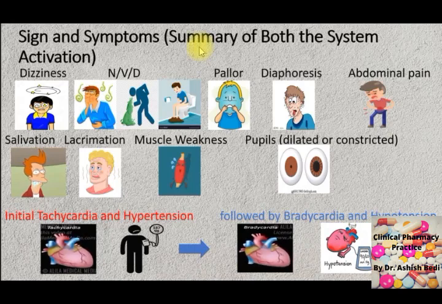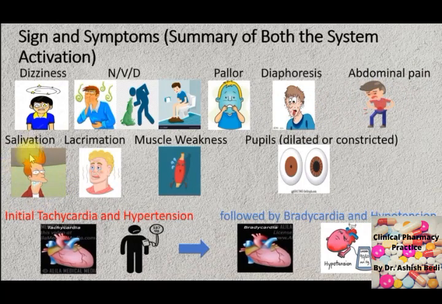Moreover, it comprises the major signs and symptoms we can see clinically in that patient. The patient will be suffering from dizziness, nausea, vomiting, diarrhea, pallor, the skin will become paler. The patient will be experiencing diaphoresis, abdominal pain, salivation.